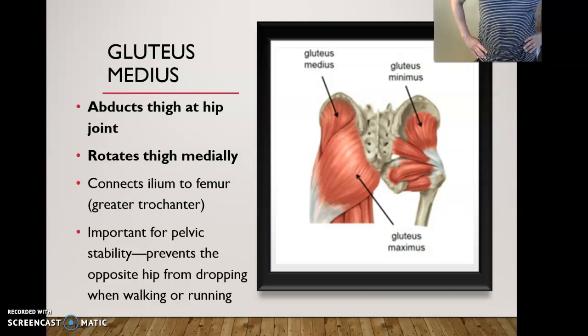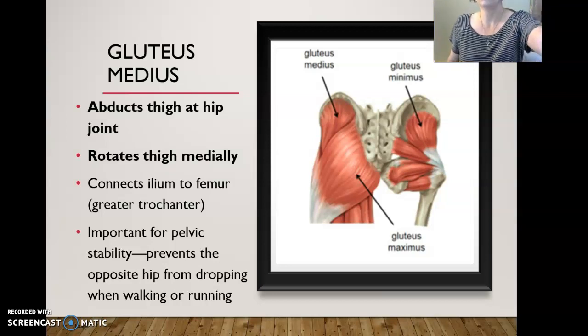We're going to have some injuries. So you want to keep that pelvis up. And if you notice, when you bring that pelvis up, you're abducting it. So you really want to have a strong gluteus medius, so that you can keep that pelvis up and prevent it from dropping when your leg is up, like when you're walking or running.